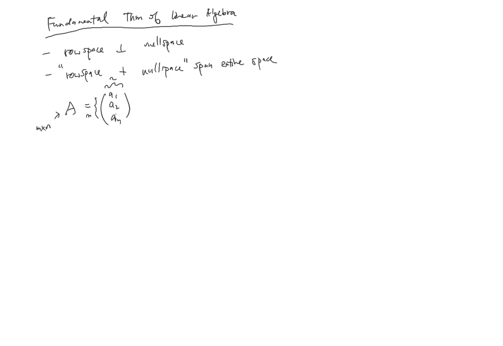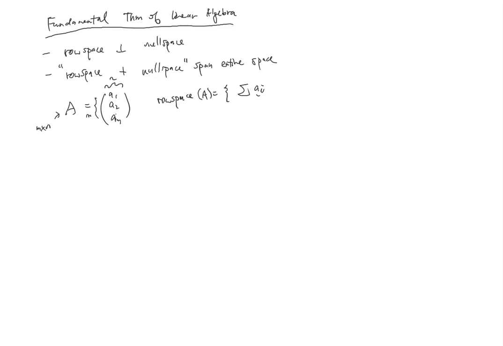If I think of all the linear combinations of the rows, they span a space. More precisely, the row space of A is equal to all the possible combinations of Ai multiplied by scalars Ci.